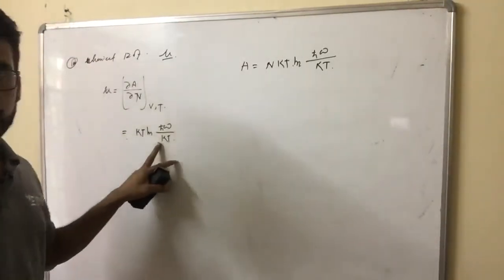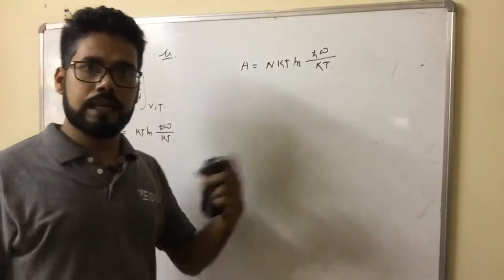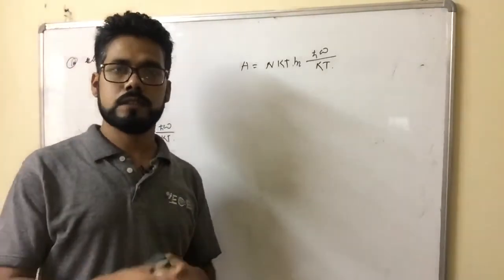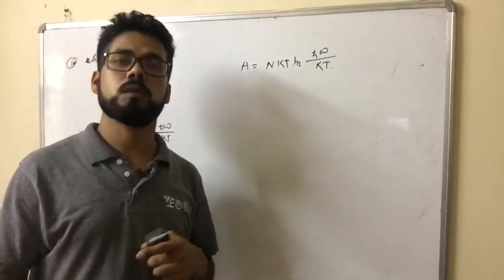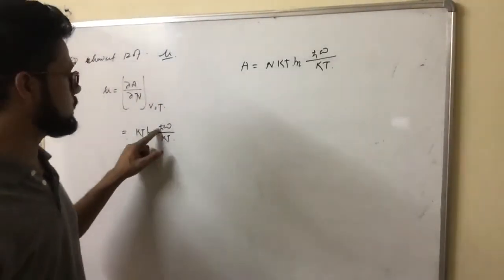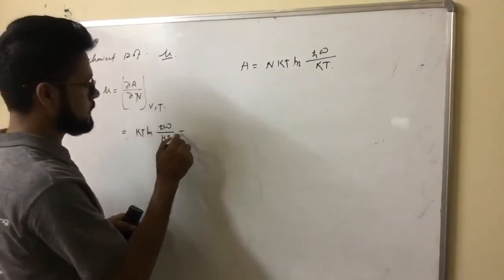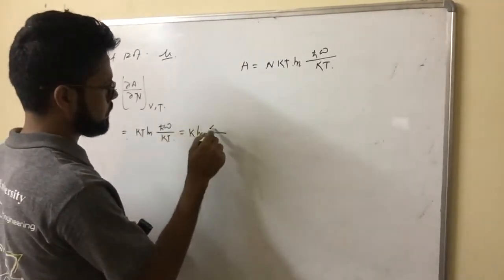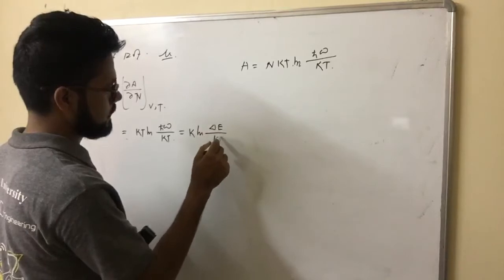So chemical potential is also 0 when the band gap of the energy level of the Schrodinger harmonic oscillator is equal to the mean energy of the classical oscillator. If it is equal, this is the band gap. So I can represent it like this: kT ln(del E by kT).